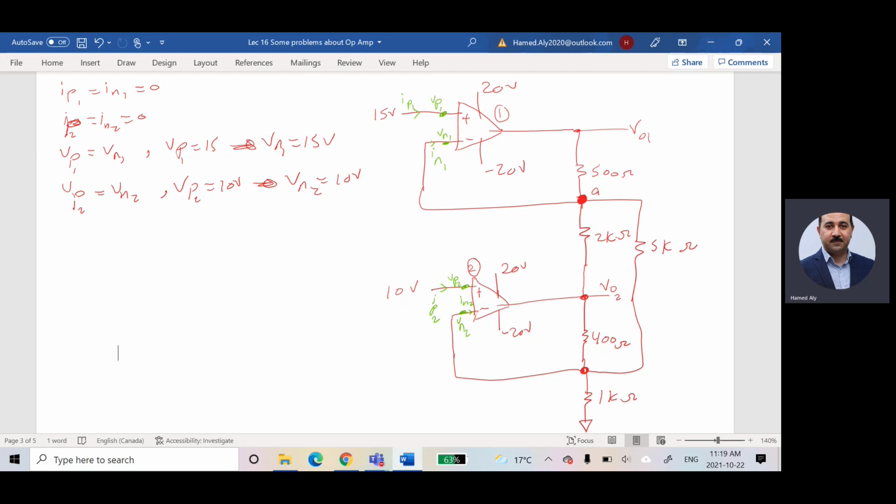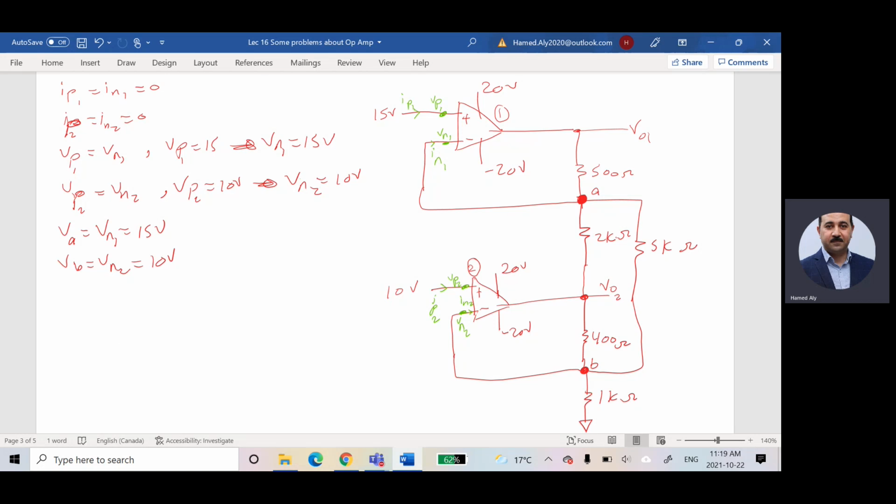So I can say VA is equal to VN1 is equal to 15 volts. If I assume, for example, this node is node B, the voltage for node B is equal to VN2, which is 10. So I can say based on that, VB is equal to VN2, which is equal to 10 volts.